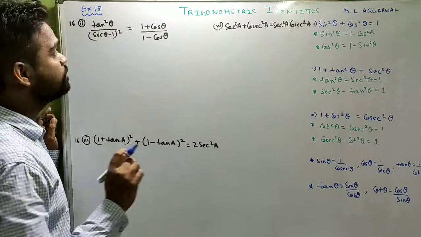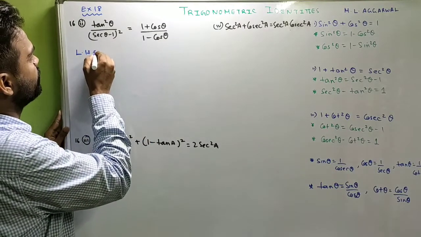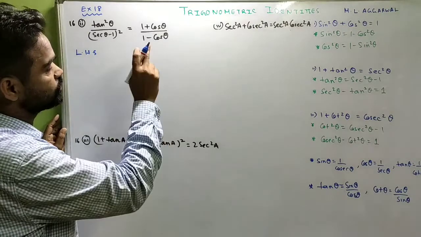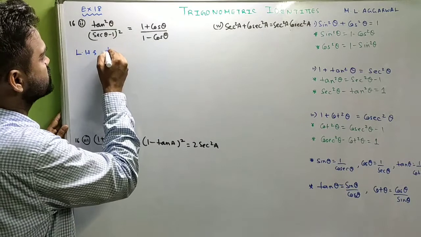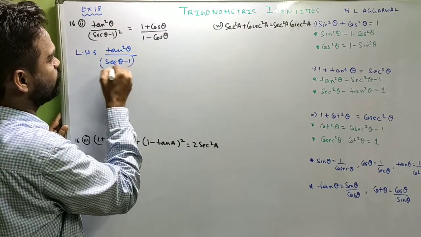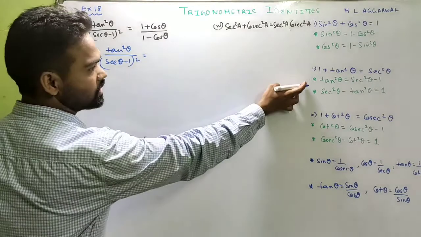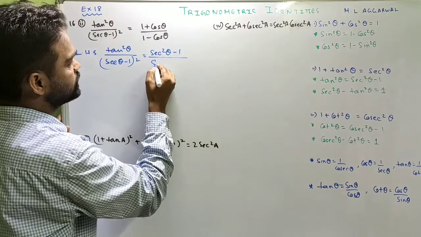Now look at this. 16 part 2. Very easy. Prove that tan square theta by sec theta minus 1 whole square is equal to 1 plus cos theta by 1 minus cos theta. Very easy. Your left hand side is tan square theta by sec theta minus 1 whole square. Now tan square theta, can I write sec square theta minus 1, isn't it?